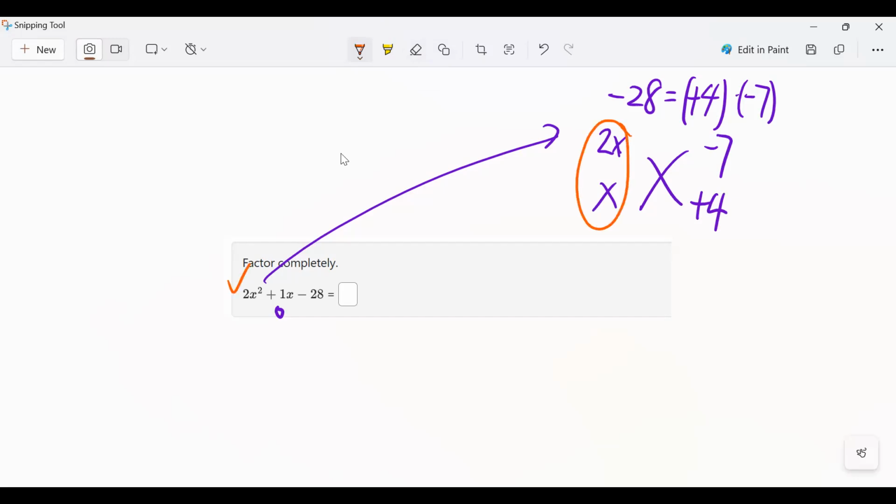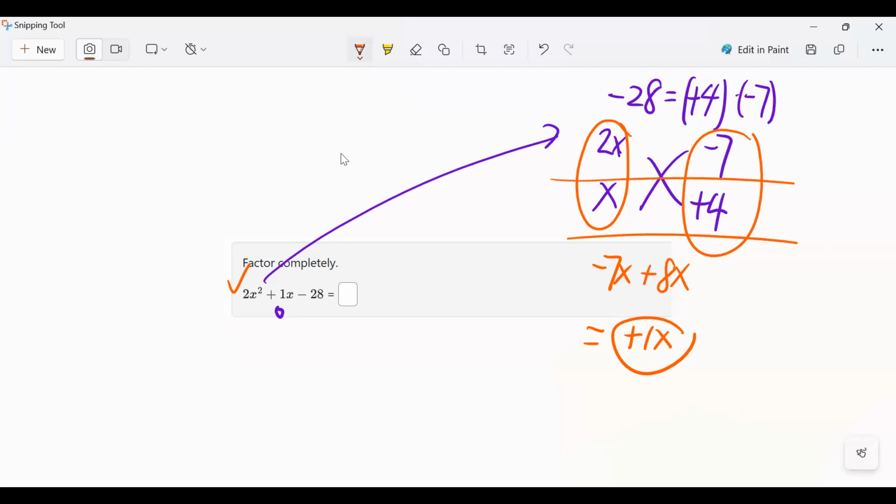The last term we break down as positive 4 times negative 7. Middle term, we have to confirm that: minus 7 times x is negative 7x, 2x times 4 is positive 8x, and combined that's positive 1x. That means this is a correct factoring, right?